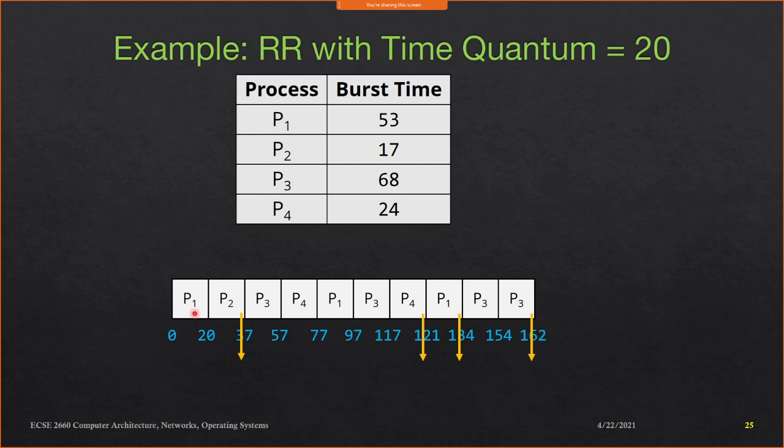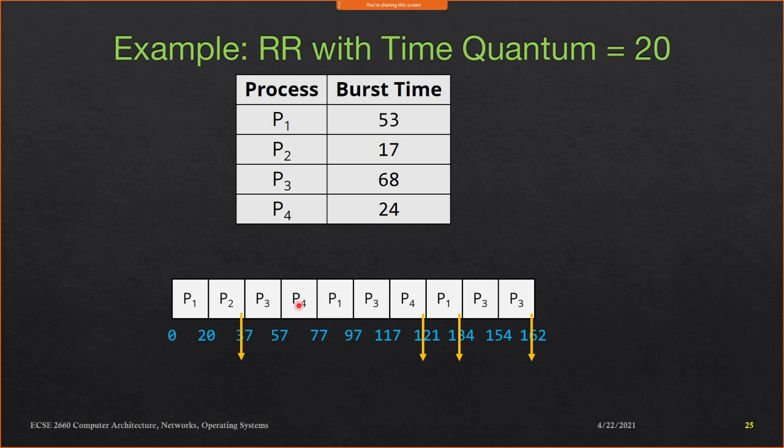Well, after 5 time units you would do P2, after that P3, and P4. In a matter of 20 time units, you would have done a context switch from P1 to P2 to P3 multiple times, right? So if you choose a very small time slice, you will get processor sharing.